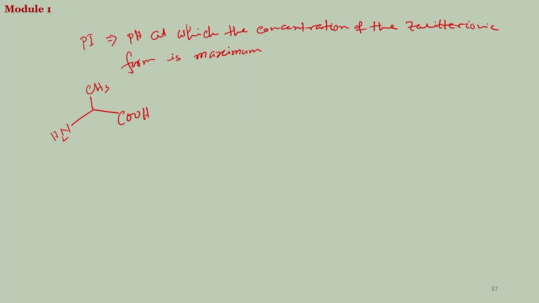You start with a very low pH and then see what changes you are having. So, if I now draw the structures of the amino acid starting with the very low pH, what are the equilibriums that are possible, and then how can you find out the pI from there.